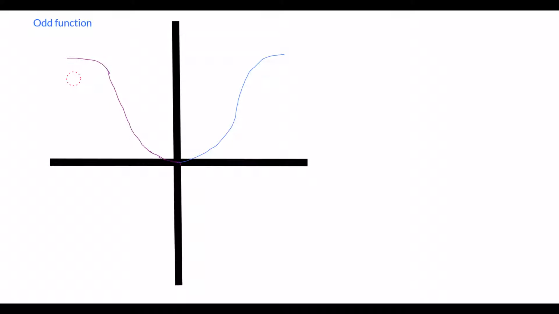Okay, and then we complete the graph by imagining that you have to reflect this one about the x-axis. Therefore, you have a graph like that.